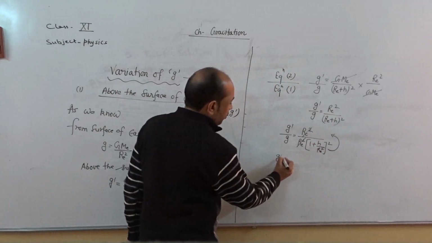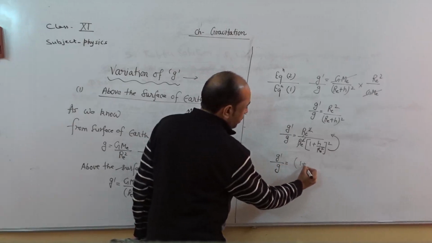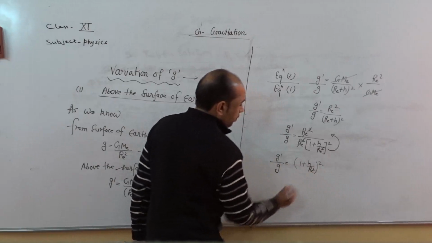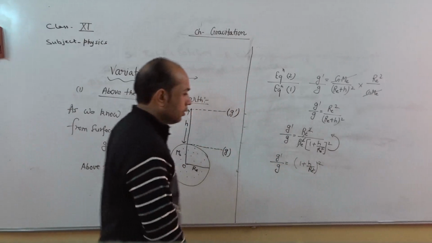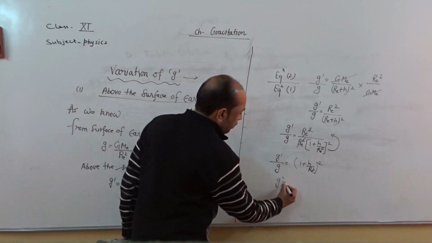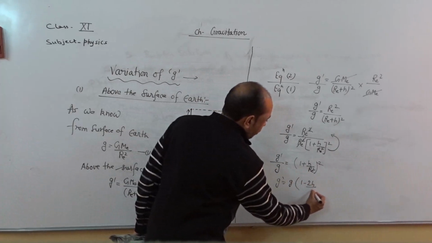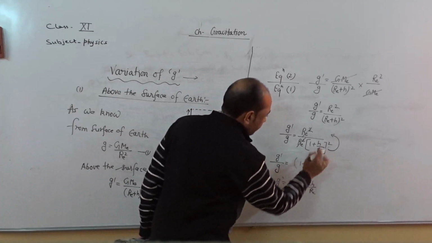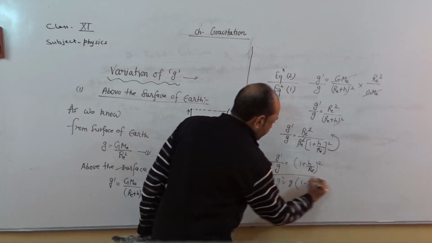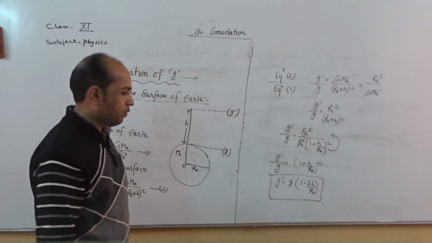So g dash/g = (1 + h/Re)^-2. So g dash is equal to g(1 - 2h/Re). This is the value of gravitational acceleration above the surface of Earth.